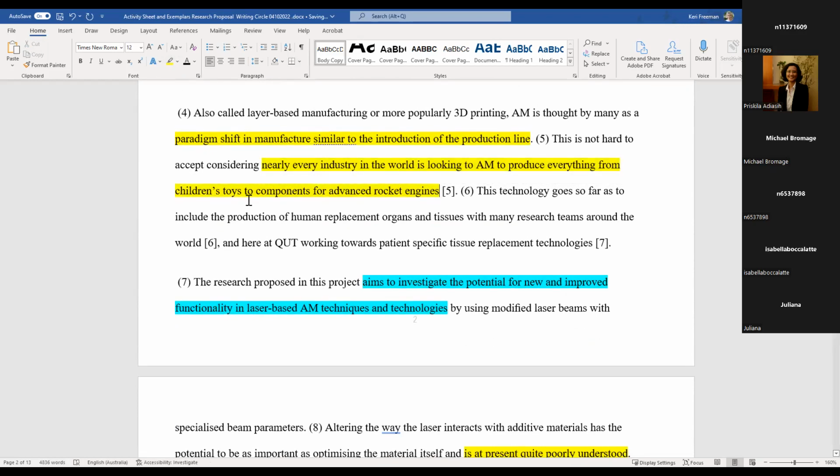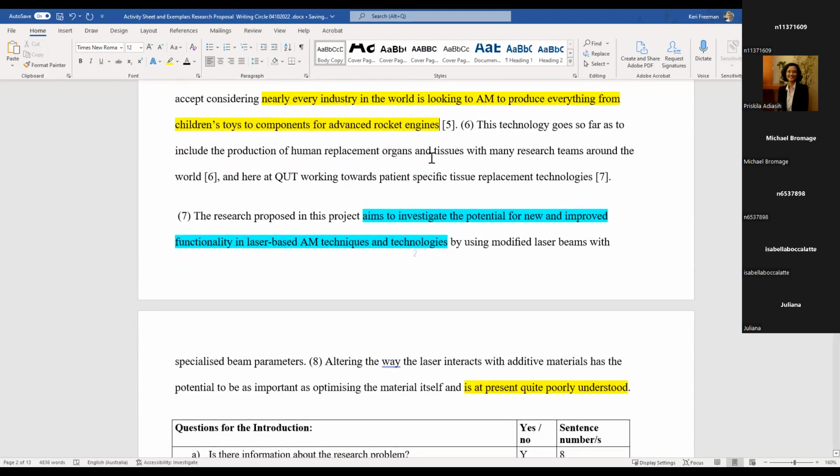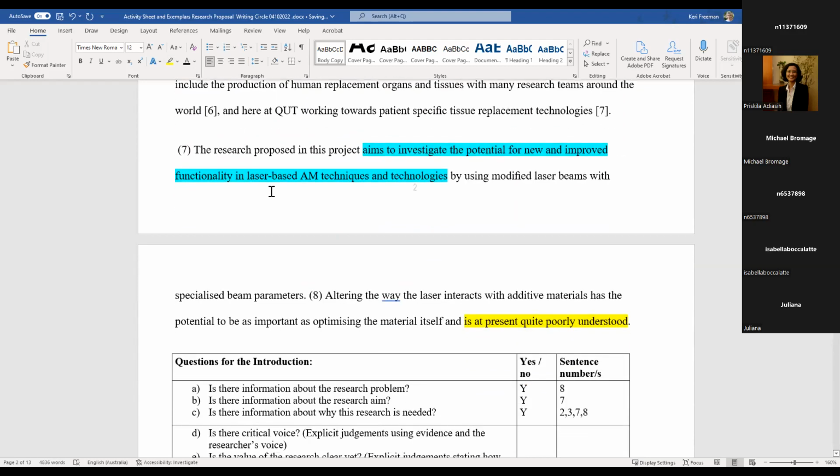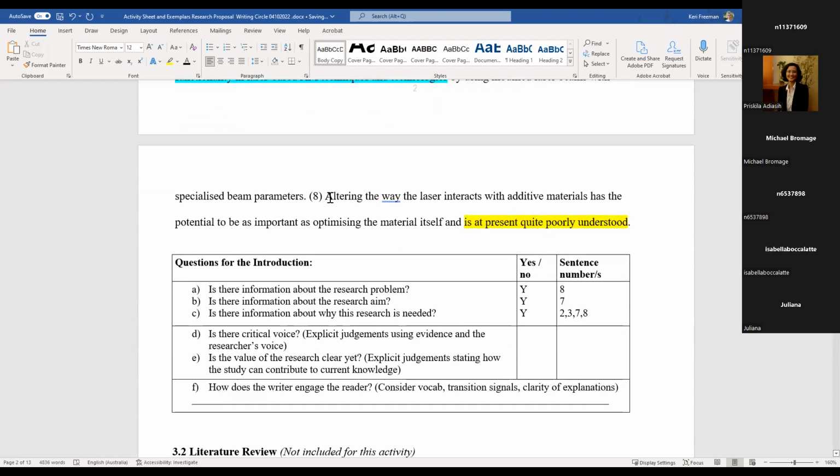That's giving us a bit of an idea, starting to tell us where we're going. Yeah, and if we can do this, we can, yeah. Probably here be as important. So maybe we could have had something else in here about exactly why the lasers interacting could be important, but that would be said later.